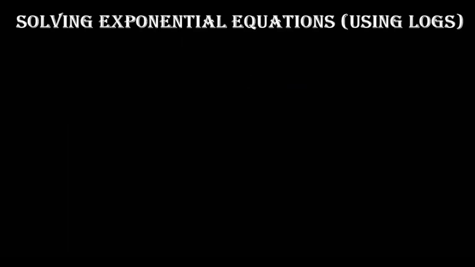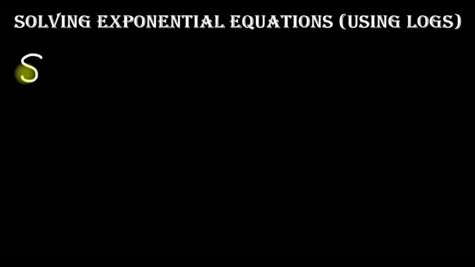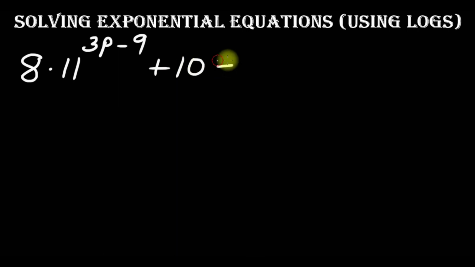Okay, so let's take a look at one more. For this one, I have 8 times 11 to the 3p take away 9, plus 10, is 194. And I'm solving for p here.